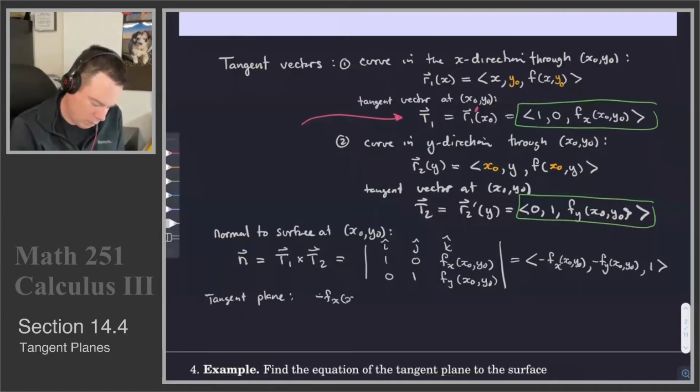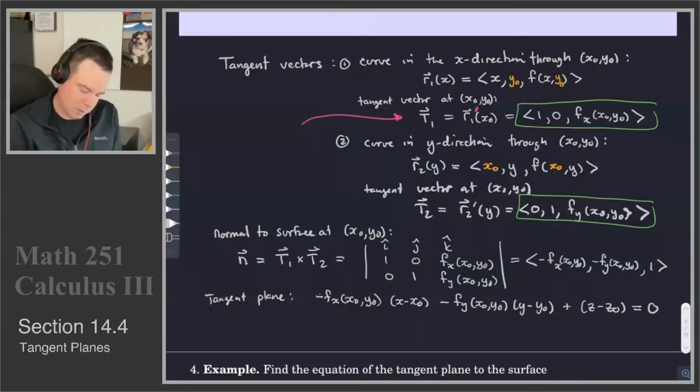normal vector, so the x component of our normal vector, negative f sub x, times x minus x naught, plus the y component of our normal vector, times y minus y naught, plus the z component of our normal vector, times z minus z naught. That's equal to 0.